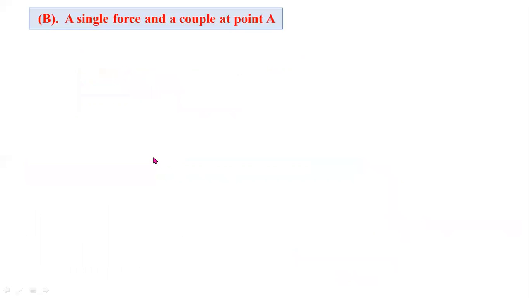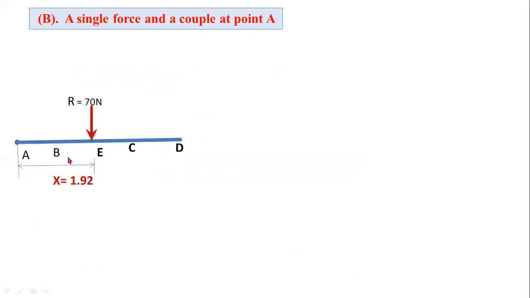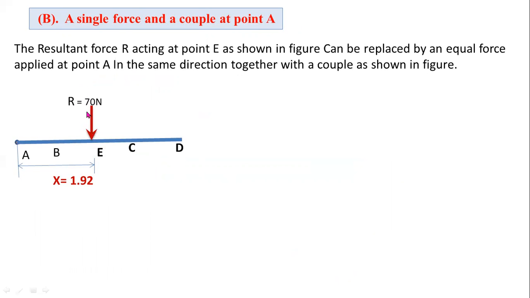Now the second part is you have to convert a single force into a force and couple at point A. You have to shift this single force to a force and a couple at point A. For shifting the force, the resultant force is acting at point E as shown here.